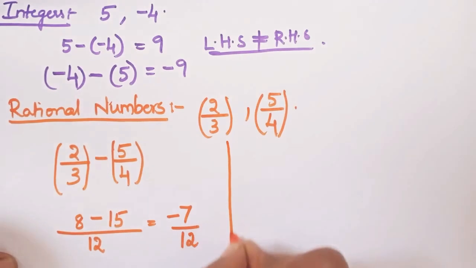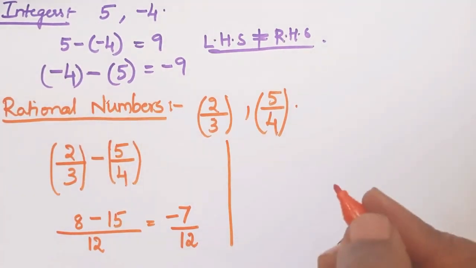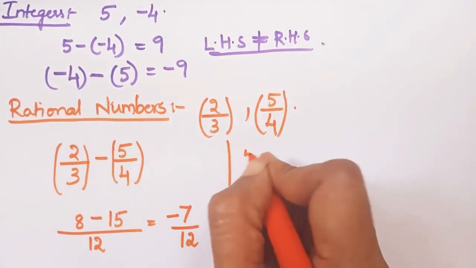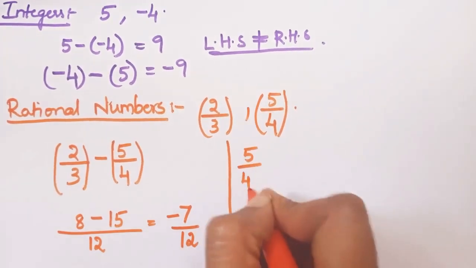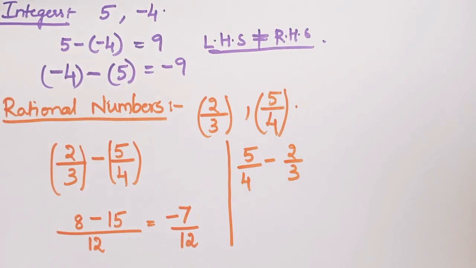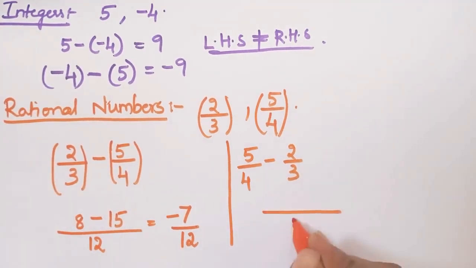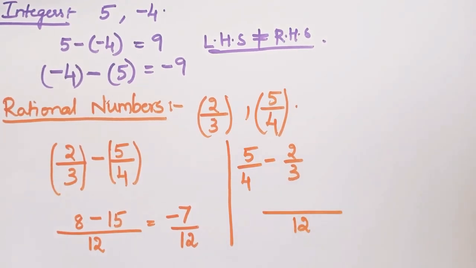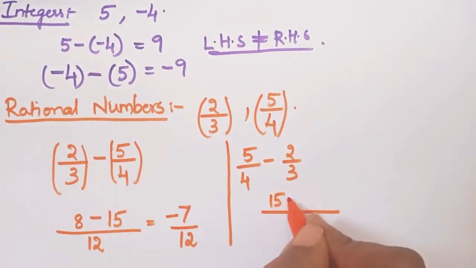Now let us check with our second condition. What is it? B minus A, that is 5 by 4 minus 2 by 3. Again our LCM will be 12, and here when I divide 12 with 4, my quotient is 3. 3 fives, 15, minus.